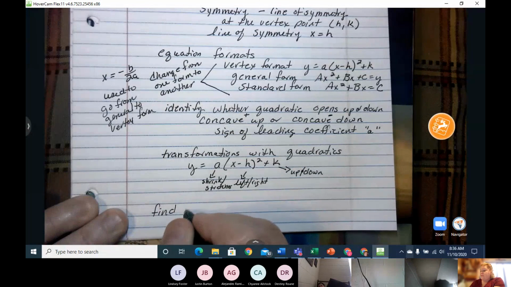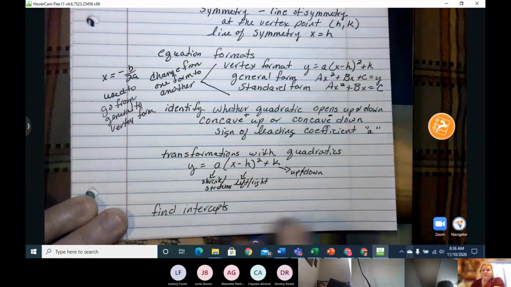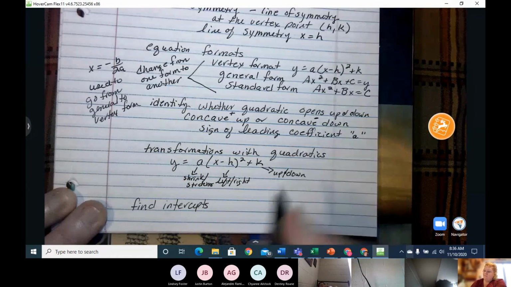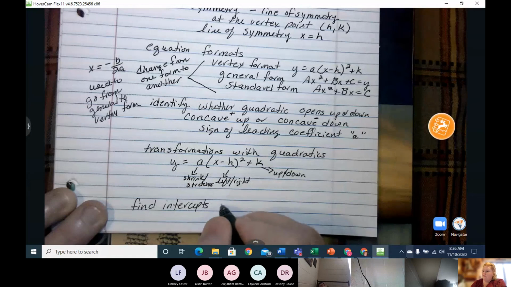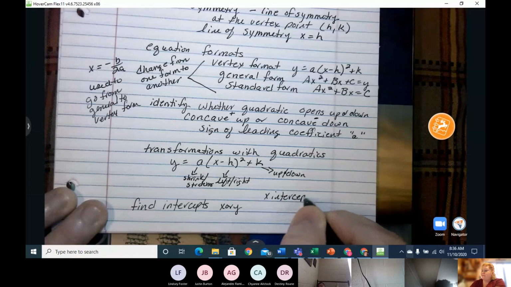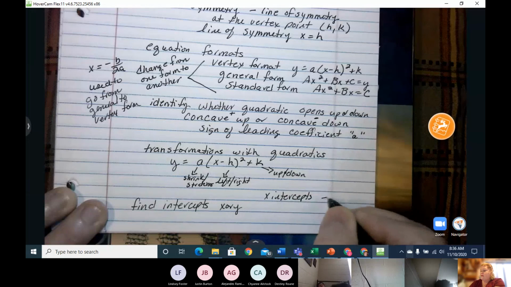You want to be able to find the intercepts, whether they're x or y intercepts. In particular, if you're finding x-intercepts, you want to remember your factoring rules.